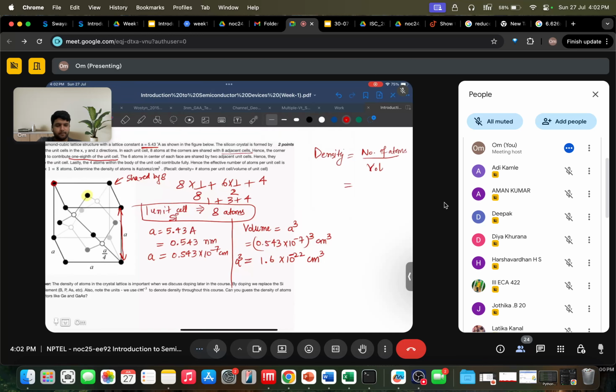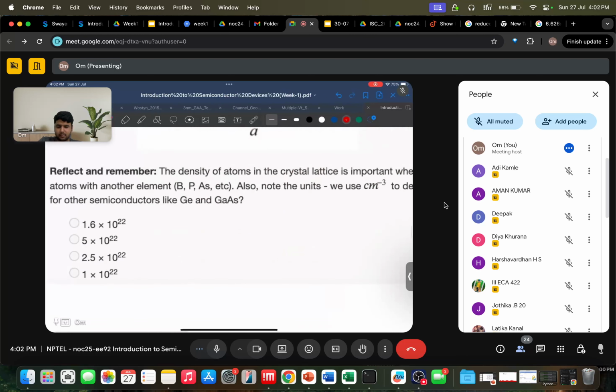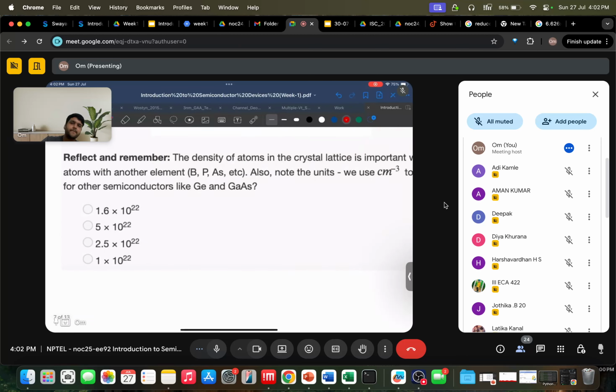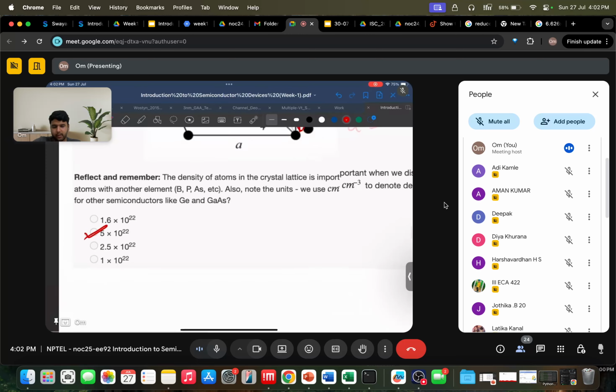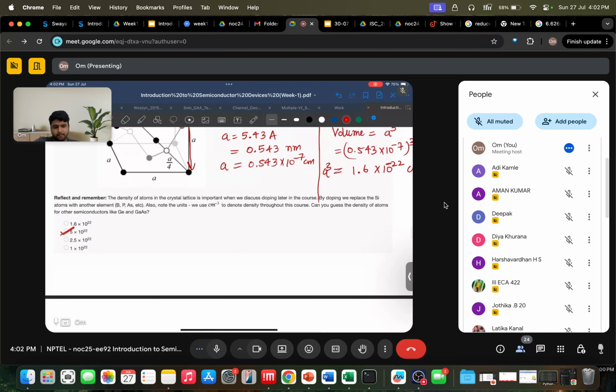This will be 8 upon 1.6 into 10 to the power minus 22 centimeter cube. So what will be the density among these options? It will be 5 into 10 to the power 22 per centimeter cube.